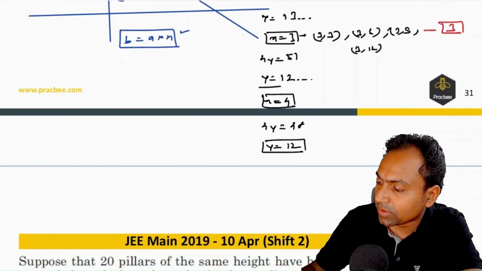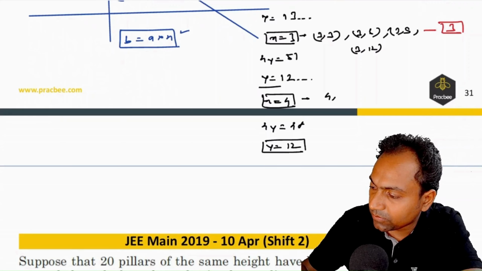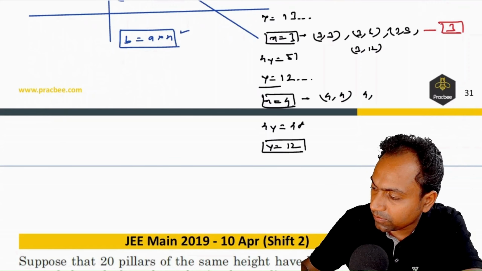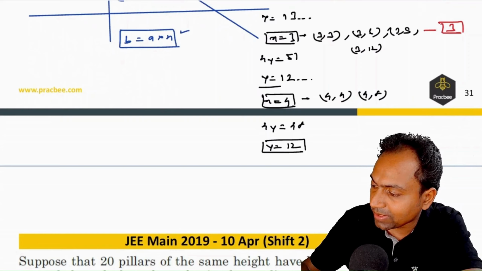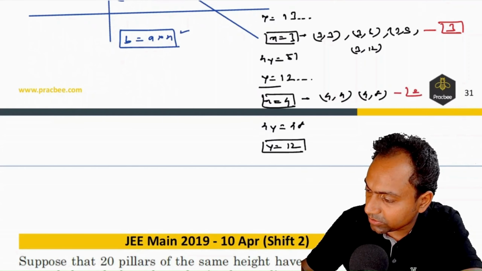So from here we are getting 4 points. If I keep doing the same for x equal to 4, 4y would be equal to 48, and dividing this again comes out to be 12. So the points are 4 comma 4, 4 comma 8, and 4 comma 12 I cannot include because we want strictly inside points. So 2 points we have got.